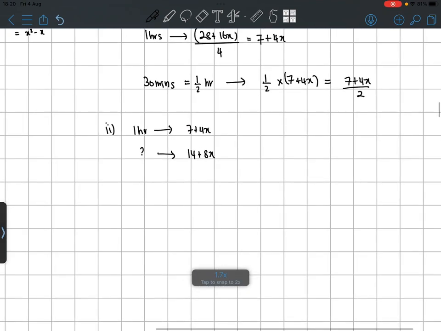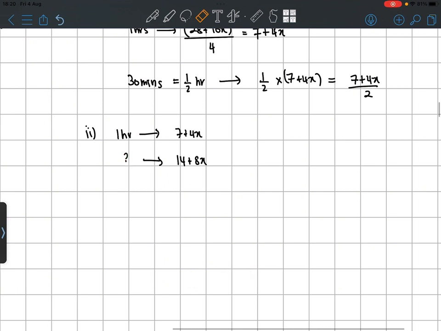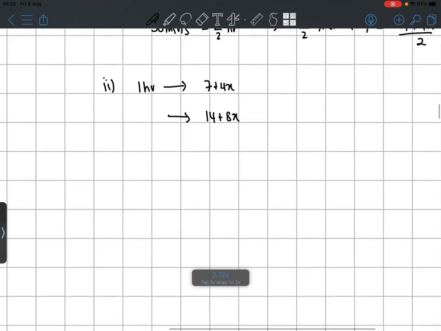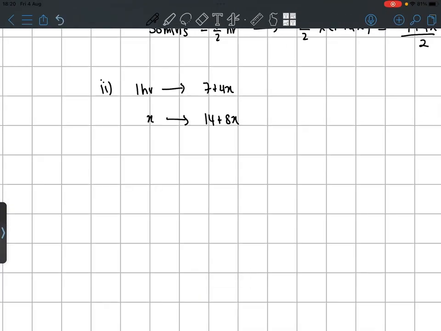So we make this an unknown, then we cross multiply, so we get 1 times 14 plus 8x is equivalent to 7 plus 4x times y.